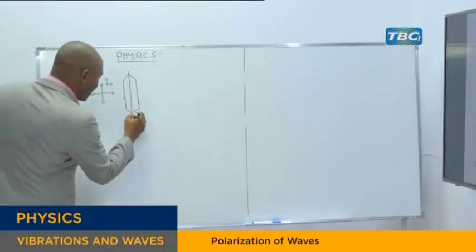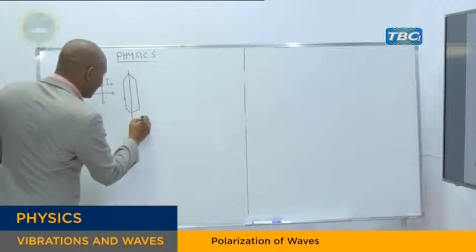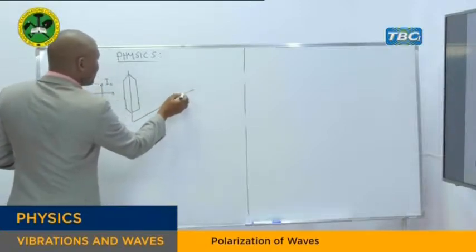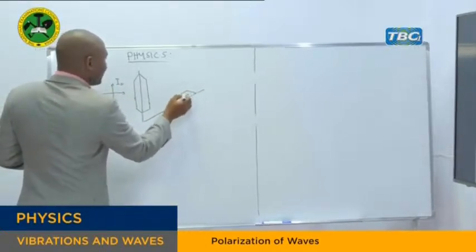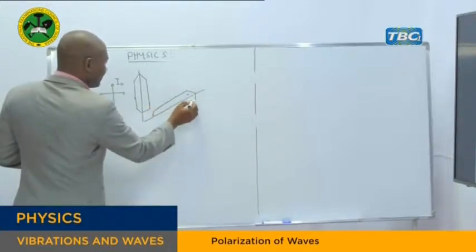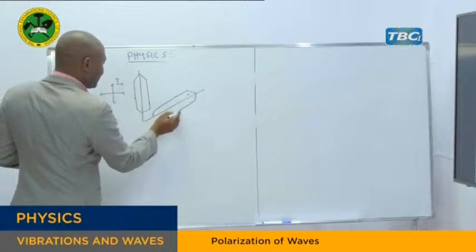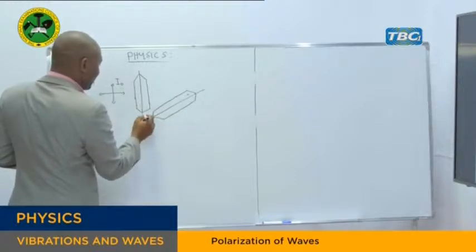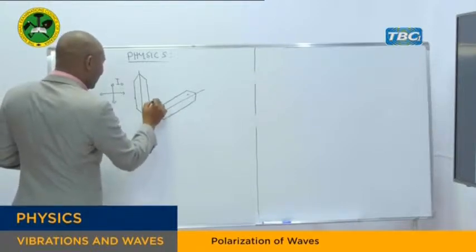Let's choose the axis of the second polarizer to be here. This is the second polarizer, and that angle here is not given.